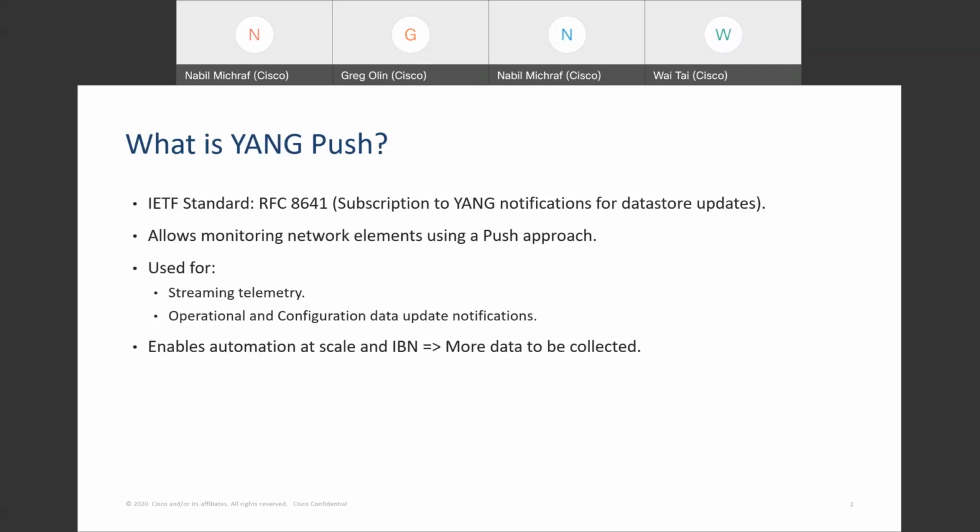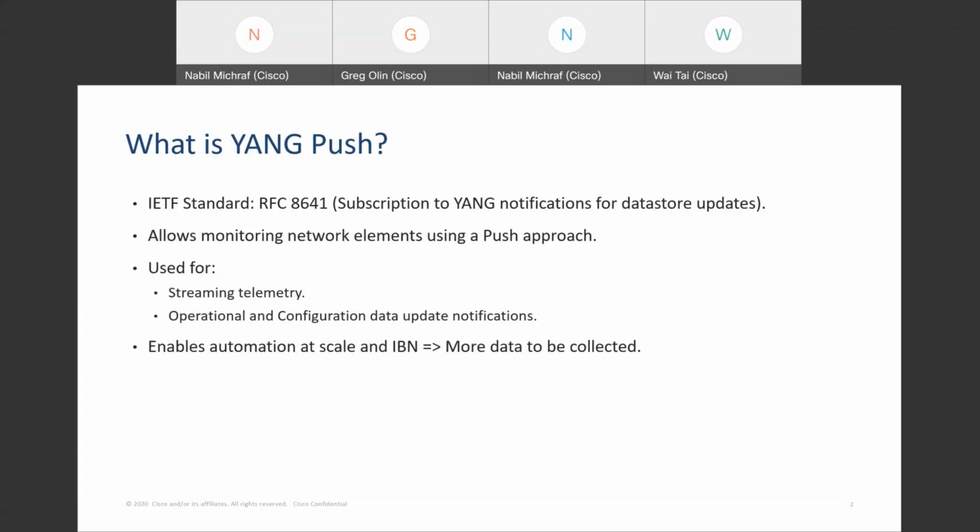The goal of Yank-Bush is to allow controllers, orchestrators, and NMS systems to monitor network elements, but using a push approach as opposed to a pull approach. It's used for streaming telemetry data, as well as for configuration data update notifications and operational data, basically any data that you would like to notify a receiver about, either for a change or just periodically, for any kind of events.